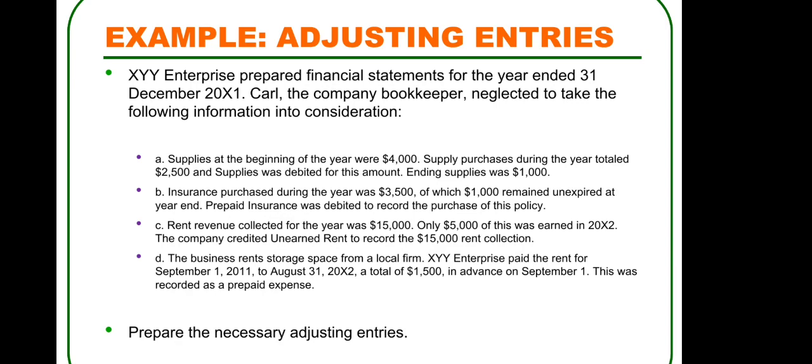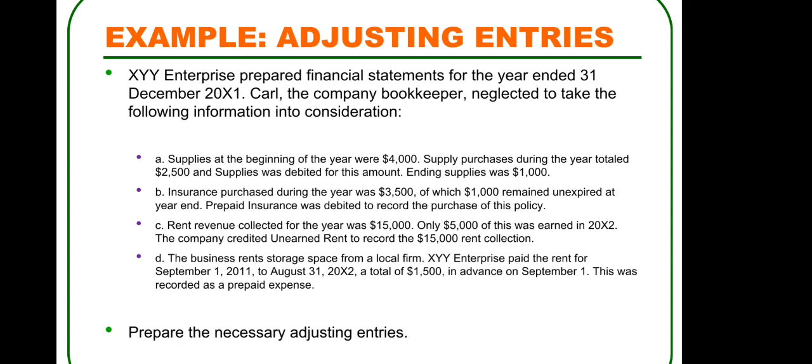So 4 months times $125 is equal to $500. So you know that during the year 2000x1, $500 from the $1,500 of prepaid rent has become an expense.